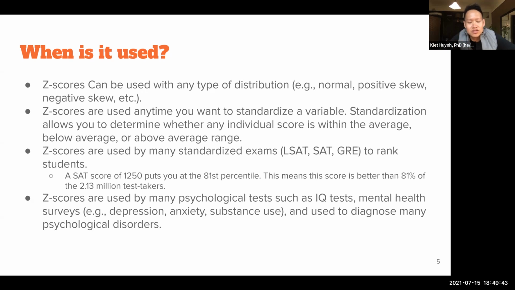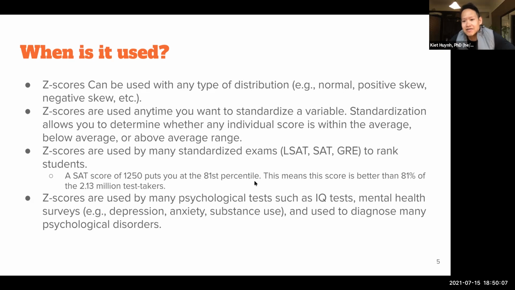And then you can use these scores to compare all these students to each other and put them on a ranking, to see whether they rank in the first percentile, second percentile, all the way up to the 100th percentile. For example, if you had an SAT score of 1250, then that puts you at the 81st percentile.